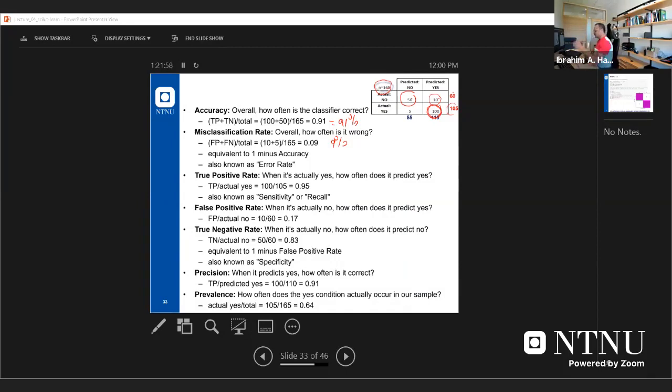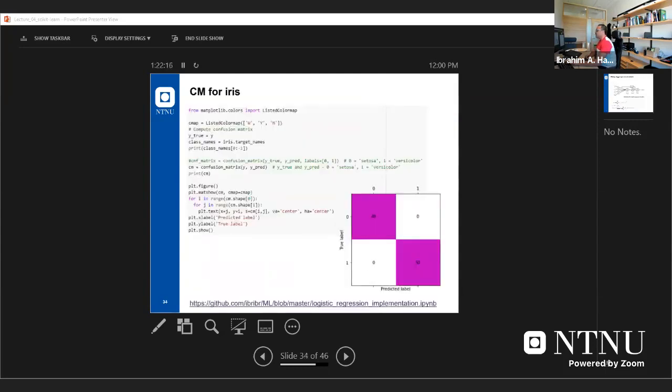Confusion matrix for iris. Muhammad Saad, for example, has been doing perceptron and logistic regression for the iris dataset, and he has very good accuracy. So can you calculate the confusion matrix for your models?